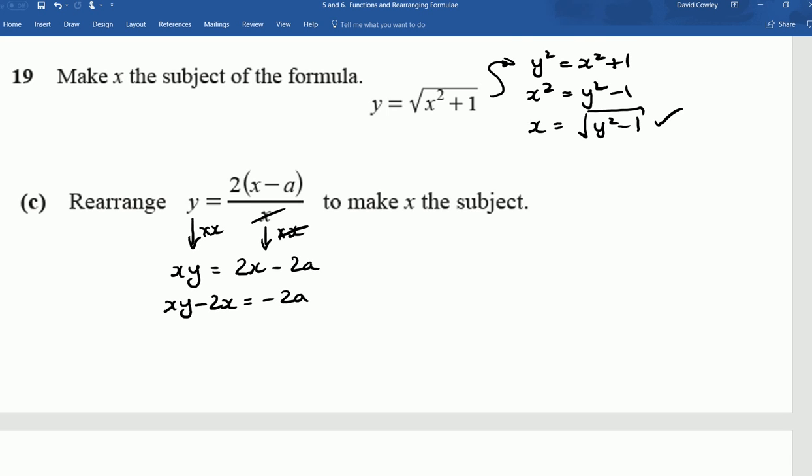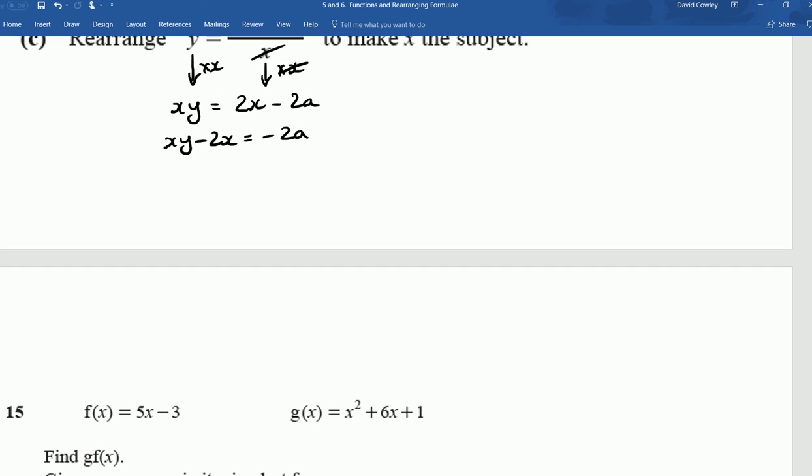Now, if this was 3x minus 2x, I could just collect the terms. But I can't do that, because I've got xy minus 2x. I have a y and a 2. I do the next best thing to collecting now, which is I factorize out the x.